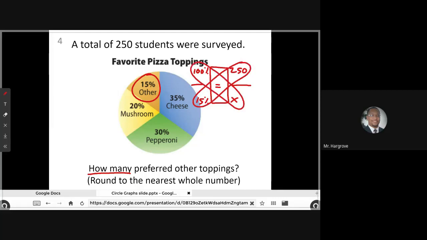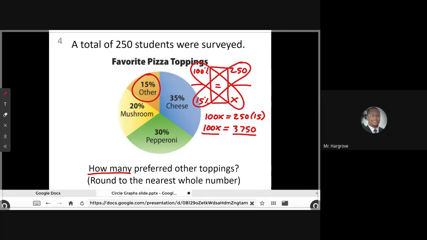So let's do 100 times X, and that's going to give me 100X equals, and then the other cross product is 250 times 15. So this is 100X equals 3,750. That's what 250 times 15 equals.